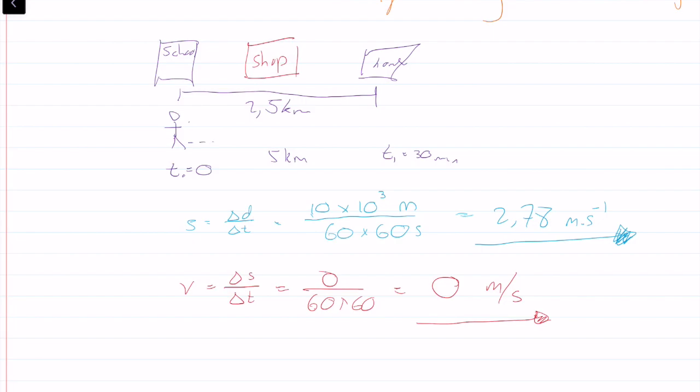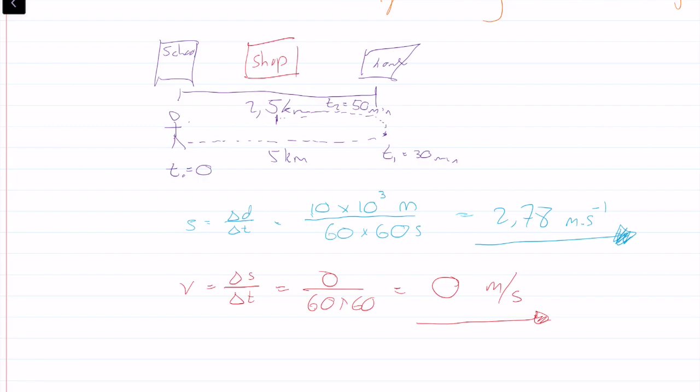She goes from school, goes home. At home, she gets her wallet or whatever, and it takes her 30 minutes. That's fine. Then she goes to the shop where she ends her journey, and it takes her 20 minutes. So T2 is going to be equal to a total of 50 minutes, just 30 minutes plus 20 minutes.